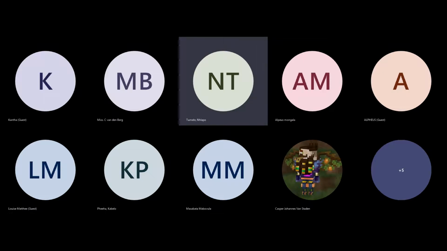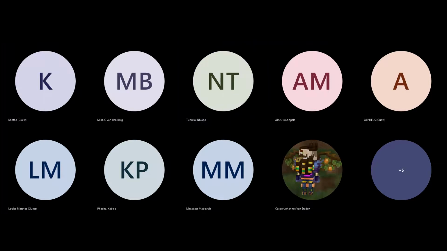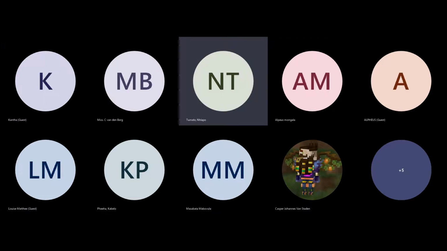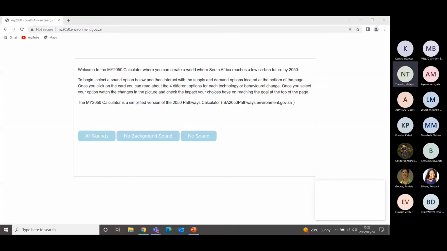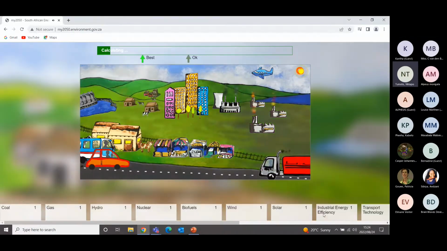Oh, I thought I was sharing my screen. Sorry. With the My 2050 calculator, as I mentioned yesterday, this is a simple tool. Here you get to learn about the choices that we make around the world.